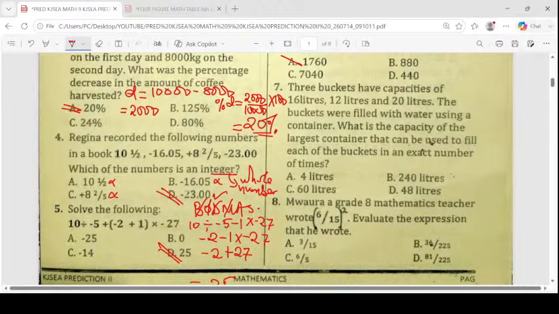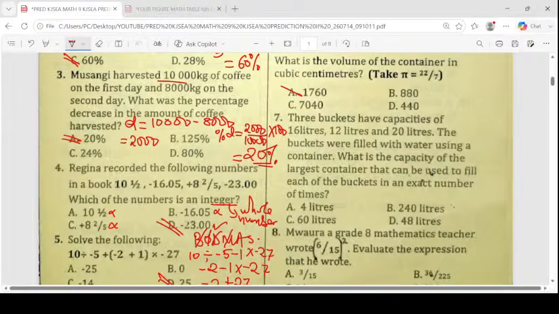So here we are going to get what is called the LCM. Let's get the LCM in that question. So we are going to get the LCM of 12, 16 and 20.